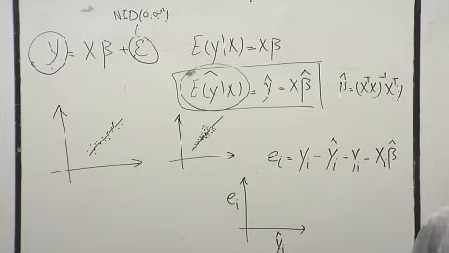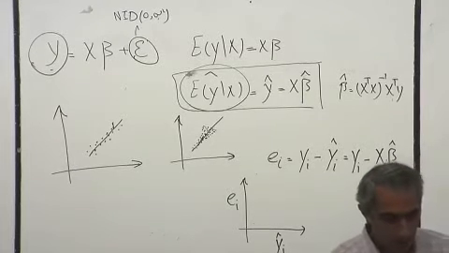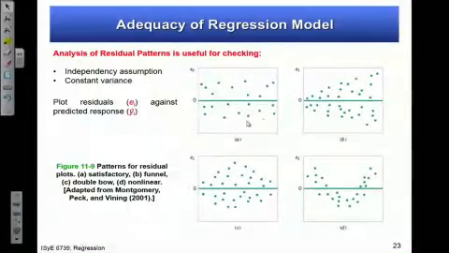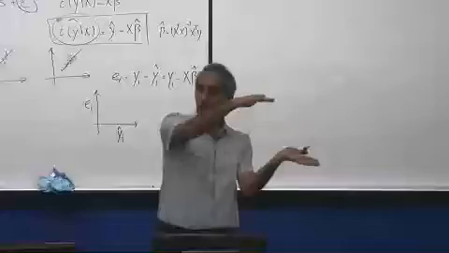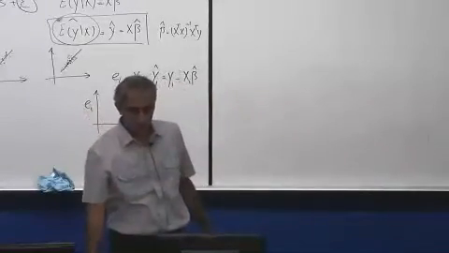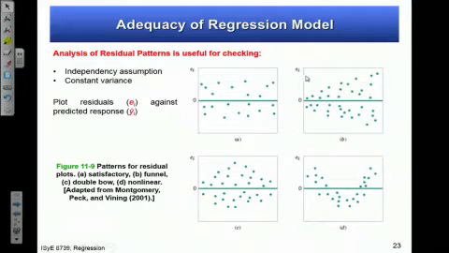Okay? For constant variance, this is constant variance. Why? Because you can see all points are within a band. This is not constant variance. Again, y-axis is E, and x-axis is your y hat, which is your predictions.